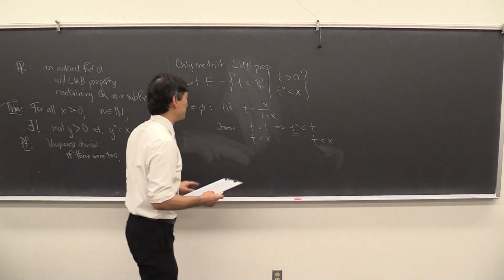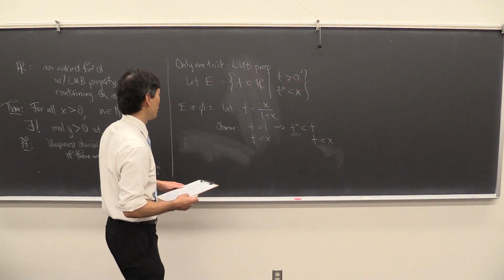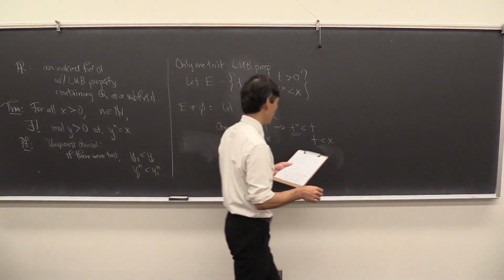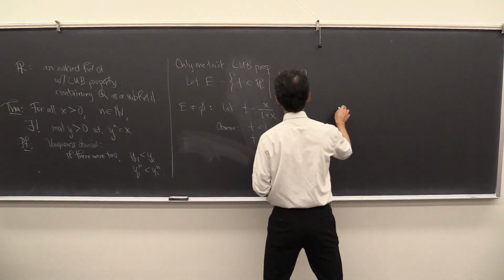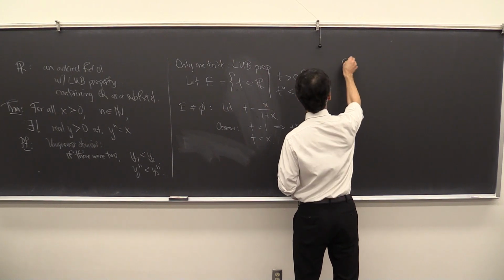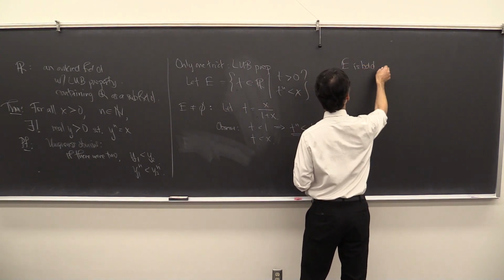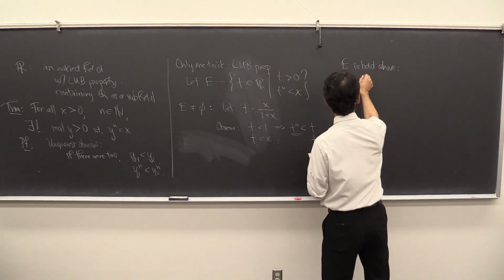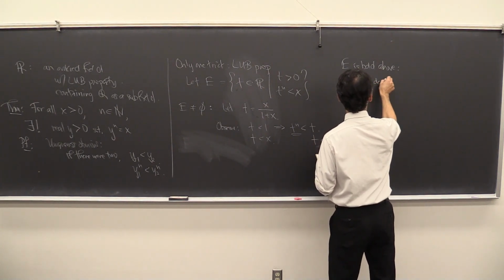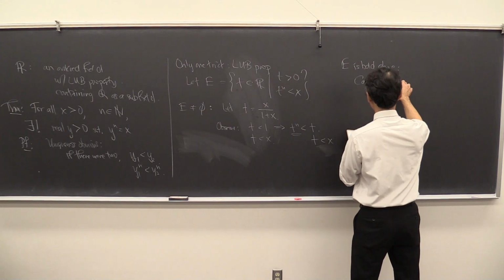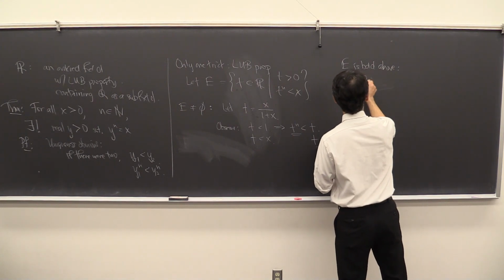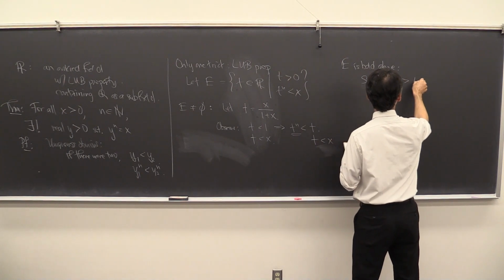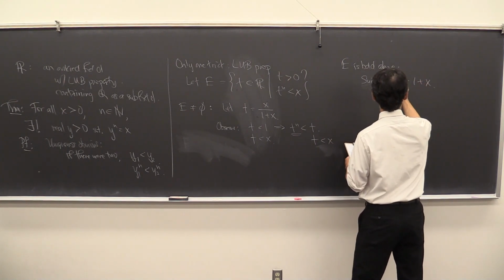So E is not empty. And then the second thing we want to note is that E is bounded above. Suppose you have a number t that's bigger than 1 plus x.